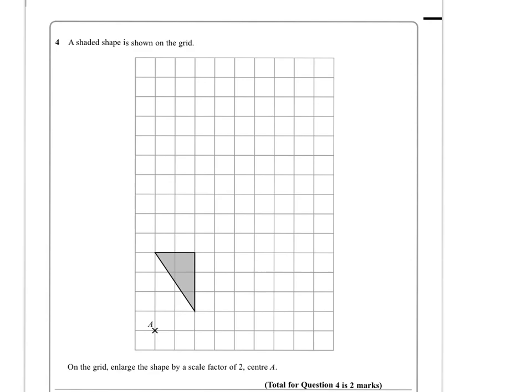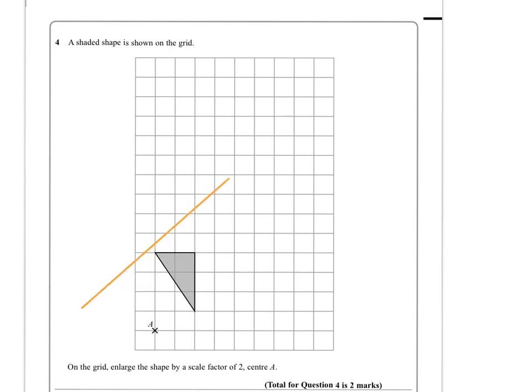In this question, we've got to enlarge the shape given by a scale factor of 2, centre A. So the best way I find of doing this is to draw some rays, and we'll have them in orange. So let's draw those.